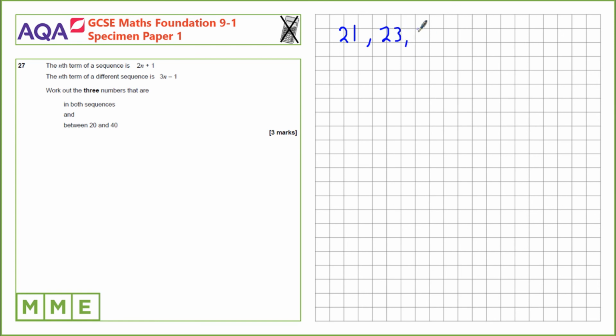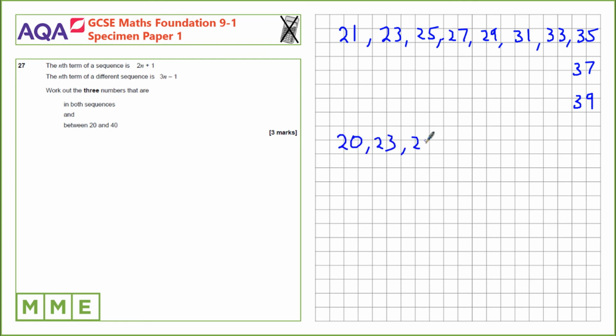So 23, 25, 27, 29, 31, 33, 35, 37, and 39. In the sequence 3n minus 1, the first number that is between 20 and 40 is 20, and this sequence goes up in 3s.